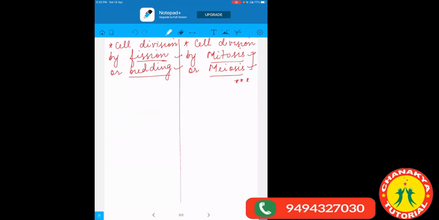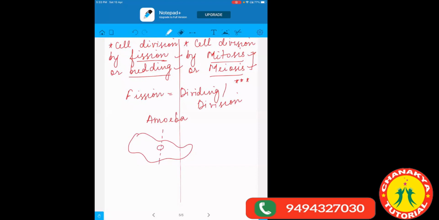So when we talk about fission, fission means division. Okay, fission means dividing. As in the case of the amoeba, they divide their body. Suppose this is the amoeba. They divide like this, right?